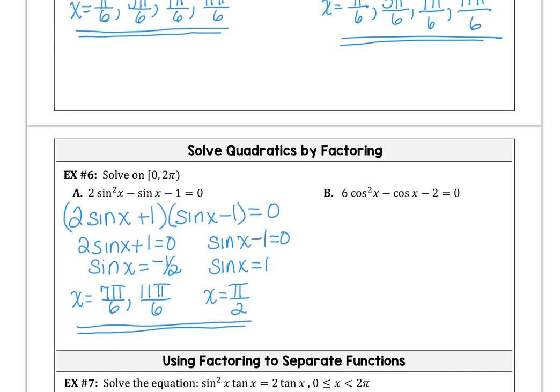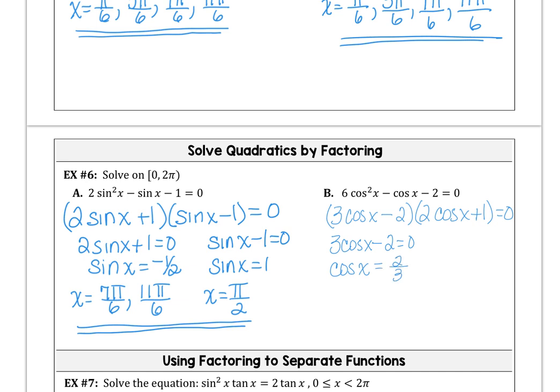In part B, you can factor 3 cosine minus 2 times 2 cosine plus 1, and solving 3 cosine minus 2 equals 0. That works out when cosine is positive 2/3.